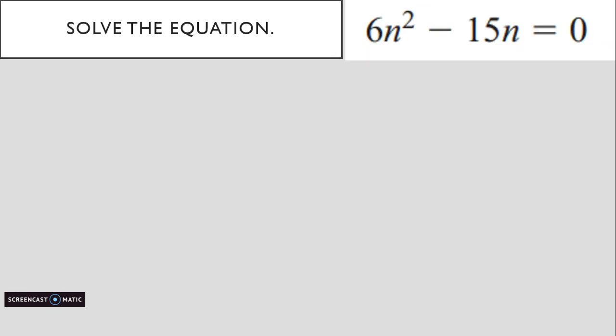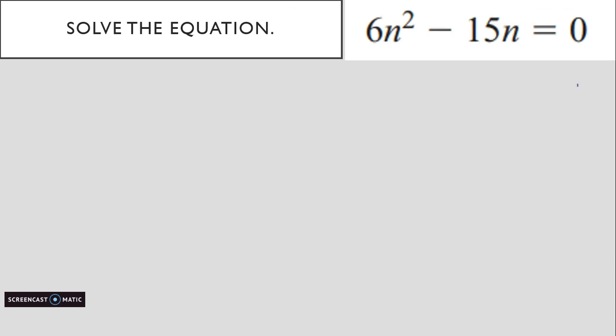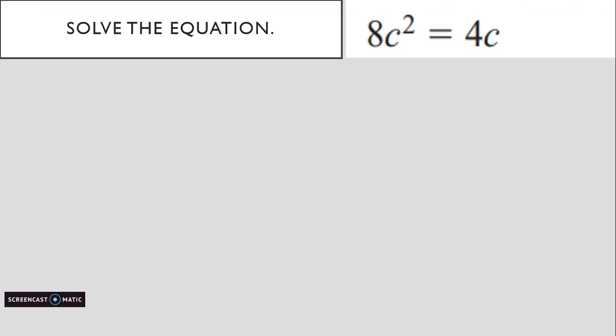There is one other type of problem that we need to look at because it'll be on your homework. This one is different from previous ones because here they are set equal to 0, and here they are not set equal to 0. The only thing you have to do additionally is set it equal to 0.